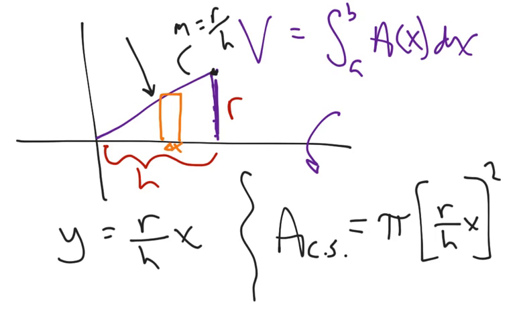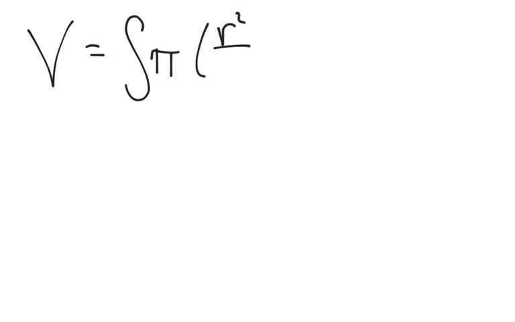Now remember, r and h are constants, so when we put this in the volume integral, leaving the limits of integration off for a moment, we'll have r squared over h squared, x squared, dx. We're just distributing the exponent, and r squared over h squared is also a constant.